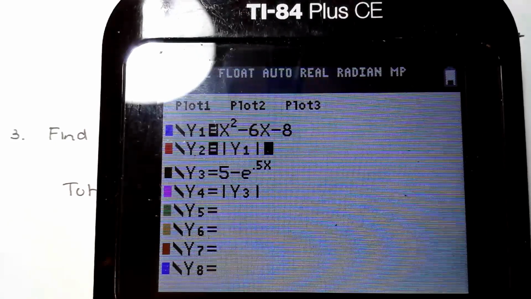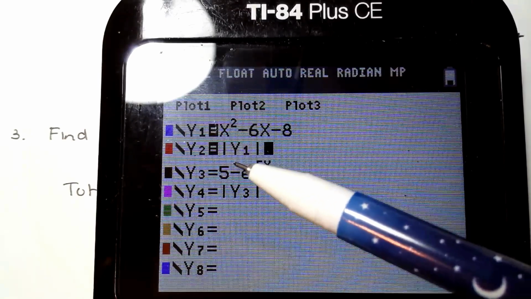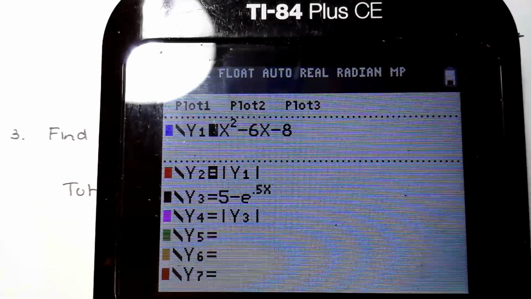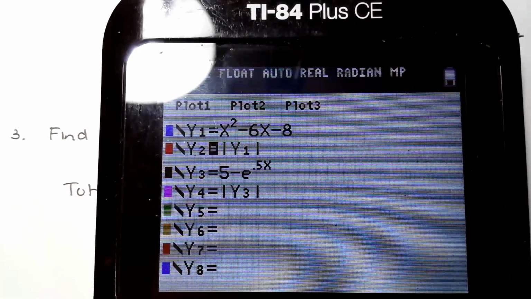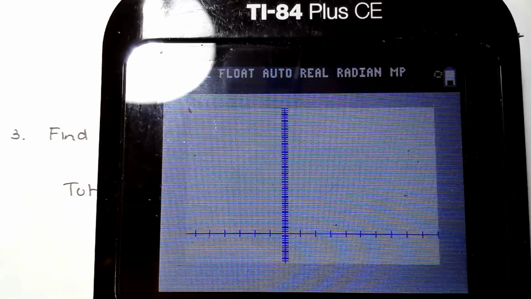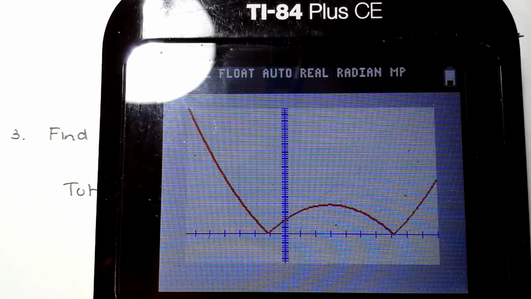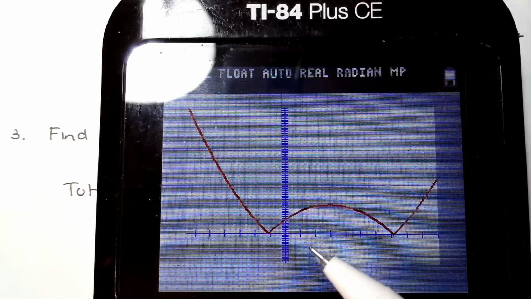What this is telling the calculator is I want the absolute value of the graph that's sitting in y1. I'm going to shut off the original graph because otherwise it's going to become too much, and I'm going to hit the graph key. And here comes our graph, and as you can see, at those intercepts, it takes all of that area that was originally below the x-axis and brings it above.